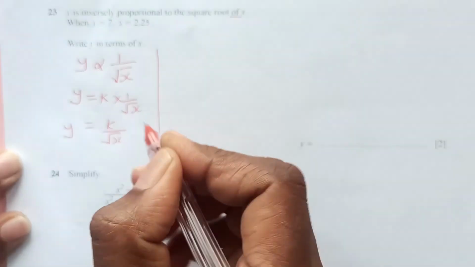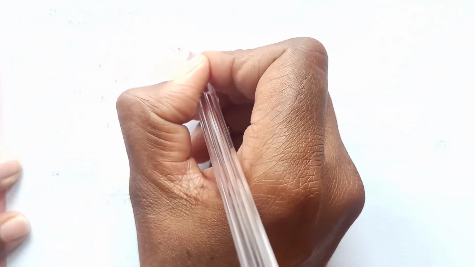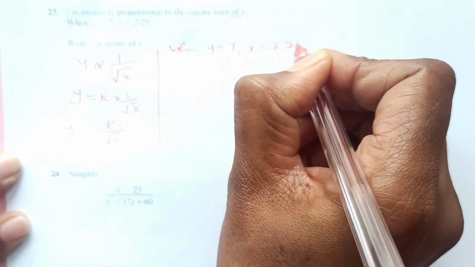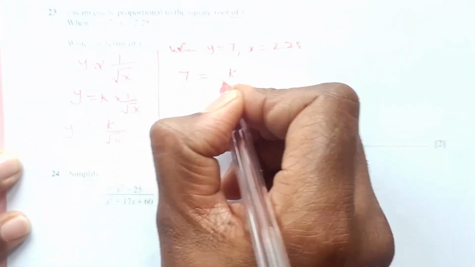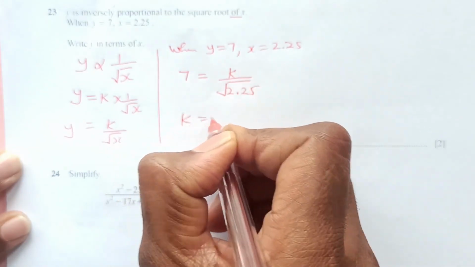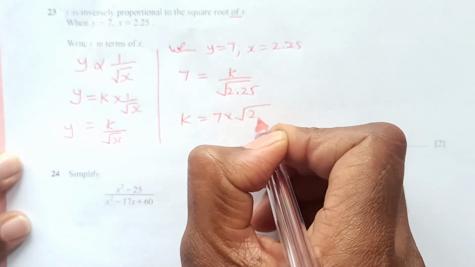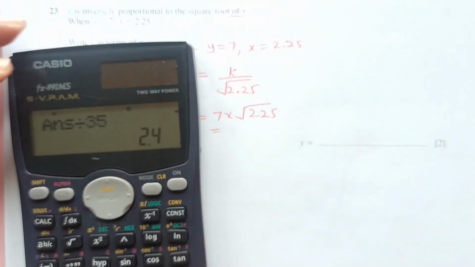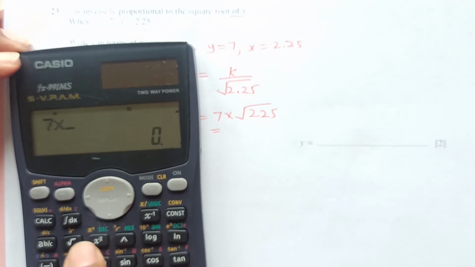Now we are given when y is 7, x is 2.25. When y is 7, we just replace the values: 7 equals k over square root of 2.25. So k is going to be 7 times square root of 2.25.